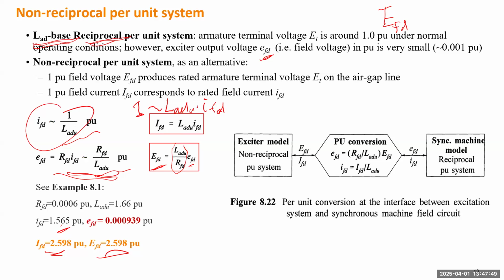So usually in any exciter model, it doesn't use the lowercase EFD or IFD. They use the uppercase EFD and IFD, but there's some internal translation using those two formulas. So you just need to be aware of this.